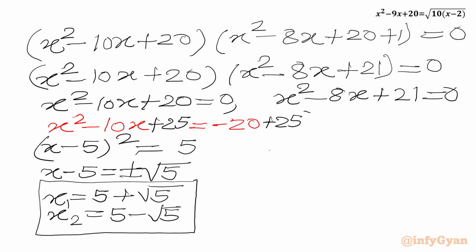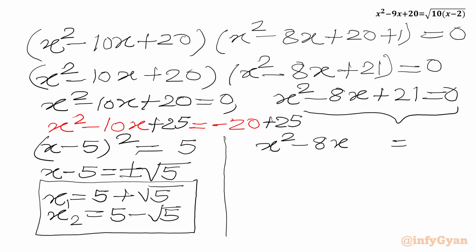Now we have the second equation also. So for this equation we can write x squared minus 8x on one side and we will take minus 21 to the other. Now we have to add 16 to both sides. So we will write here plus 16 also. From the LHS terms we can write this is x minus 4 whole square.